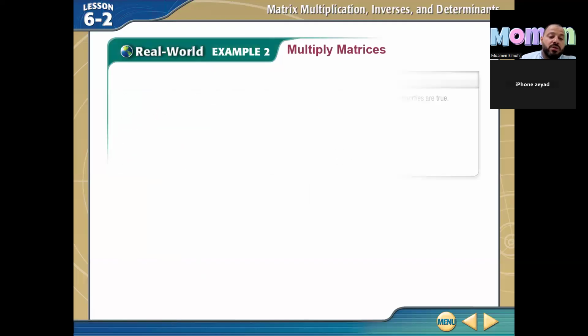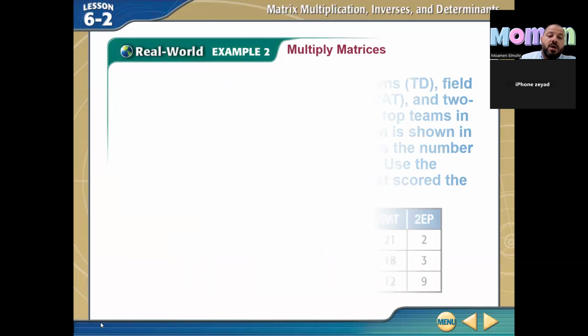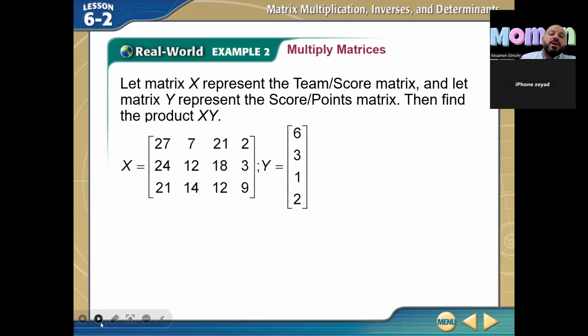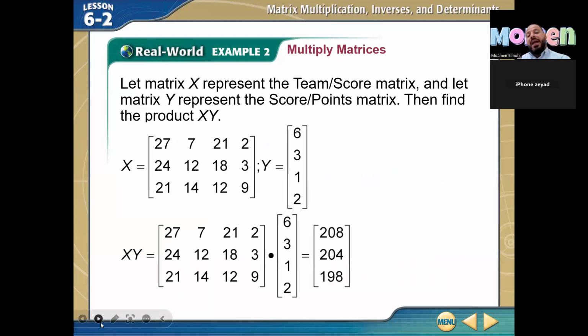So let's start to get the answer. We have the first matrix X and the second matrix Y. We need to multiply them. Here we have 3 rows and 4 columns, so 3 times 4. And here we have 4 rows and only 1 column.